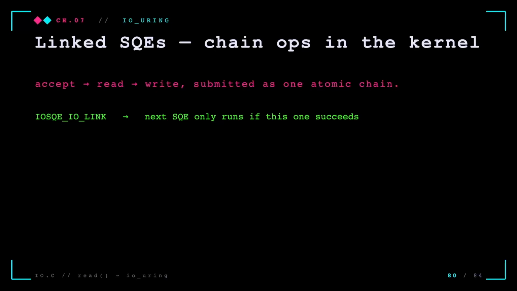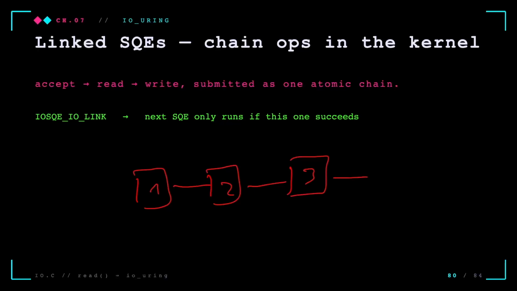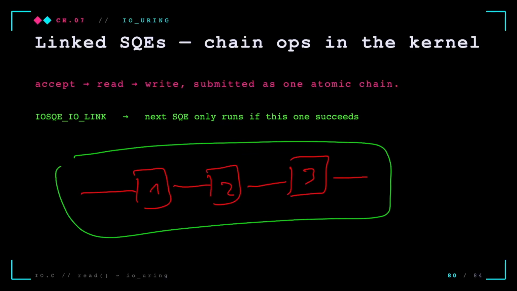For example, there are linked submission queues, and the idea here is that you describe a small dependency chain, like some operations that you want to do in order. You can think of it as a transaction. And so you are essentially batching the whole thing to the kernel. What the kernel is going to do is execute them one by one, and if there's an error in one of these operations, it's going to cancel everything else.